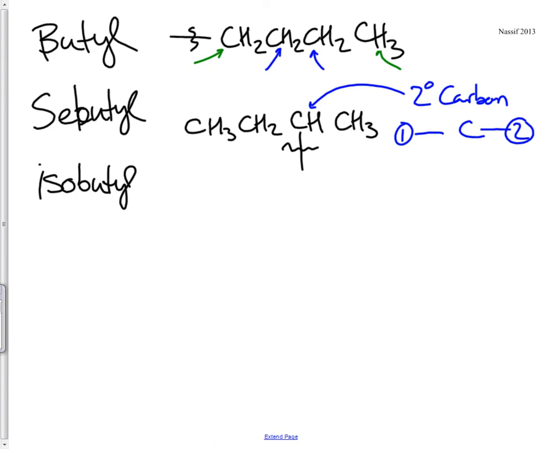For our isobutyl, we still have this 4-carbon structure, except now instead of a straight chain, it's rearranged. So here we have our CH3, CH, CH3, CH2, and then our attachment.